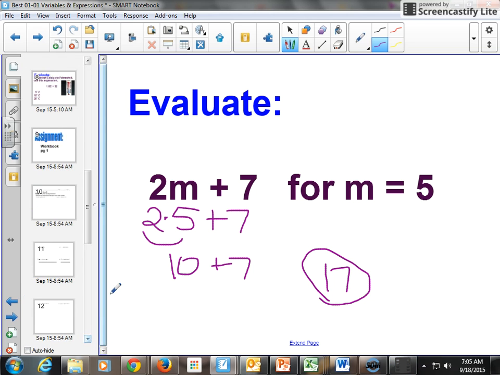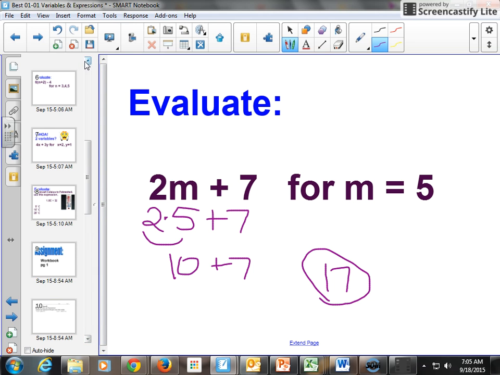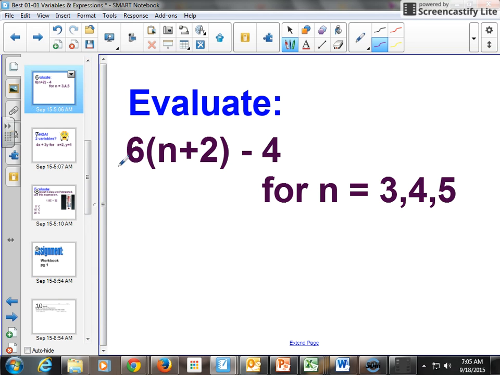Next one. Each one is going to get a little more complicated, so I want you to stay with me. This algebraic expression is 6 times, in parentheses, n plus 2, and then minus 4. This time, I want you to substitute in 3 values, so you're going to do 3 different problems. The first one is 6, and we substitute a 3 in for n: 3 plus 2, and then subtract 4.